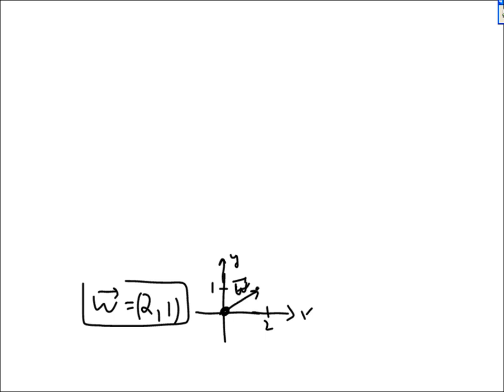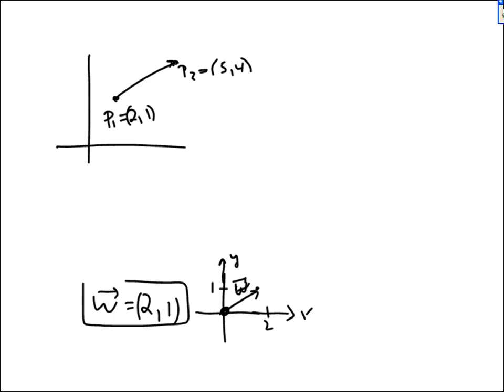Okay, wonderful. Well, what if a vector goes from this point P1 to that point up there, P2? Suppose you have that. It goes from 2, 1 to 5, 4.